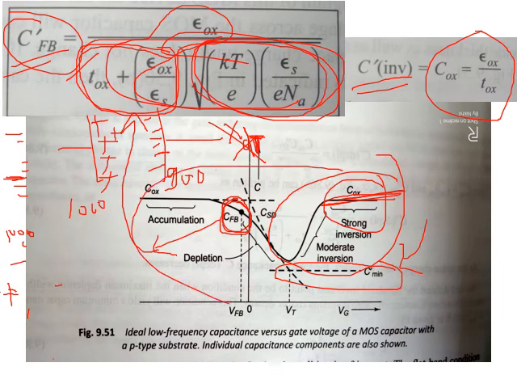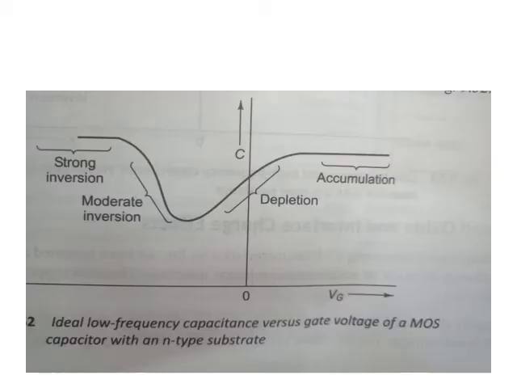So this was the concept of low frequency and high frequency. Actually, I was supposed to cover the frequency effects on the graph. Again, the graph is a mirror image. On the left-hand side we had accumulation. On the right-hand side this is depletion, this is moderate inversion, and above that we have strong inversion.